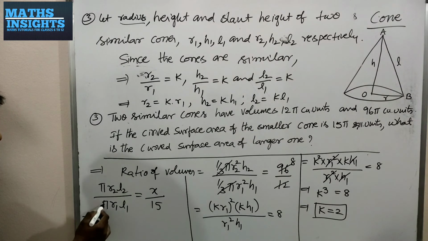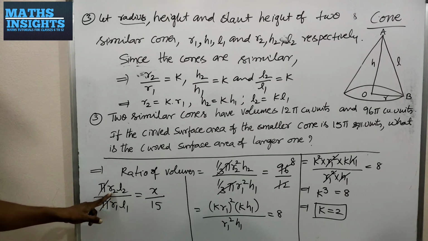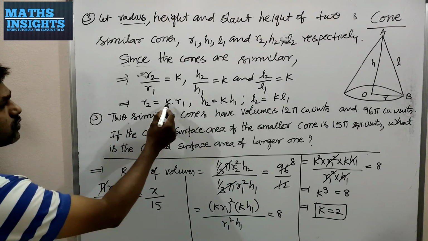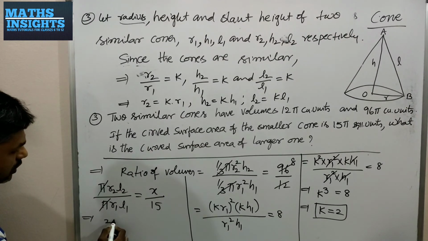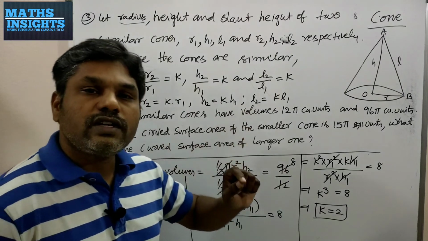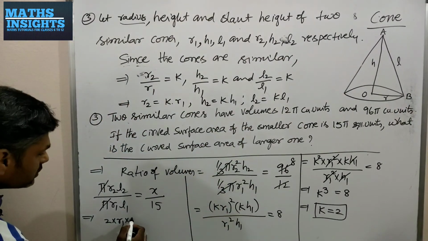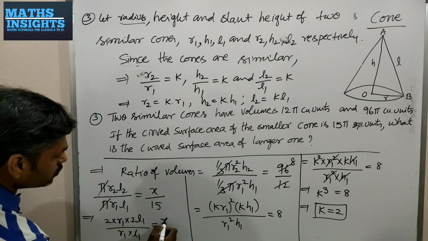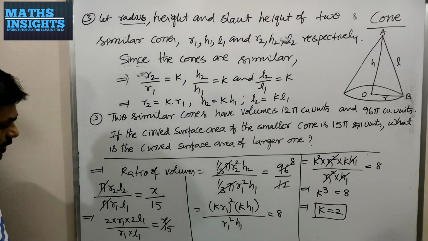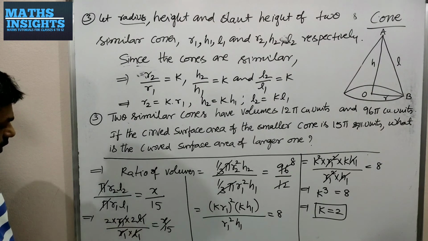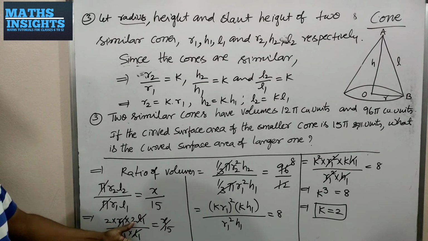That implies, you may cancel this pi and pi, and also you know that r2 is equal to 2 r1. Therefore 2 into r1 into l2 value, you know l2 is 2 into l1, that is 2 into l1 by r1 into l1, that is equal to x by 15. You may cancel this r1, r1, l1, l1. So you have 2 twos are 4.